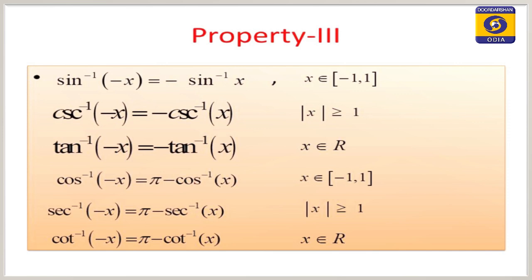So, cos inverse minus x is equal to pi minus cos inverse x. For three inverse trigonometric functions, cos inverse minus x, sec inverse minus x, cot inverse minus x, all are pi minus that inverse trigonometric function, and the restrictions are on your screen.